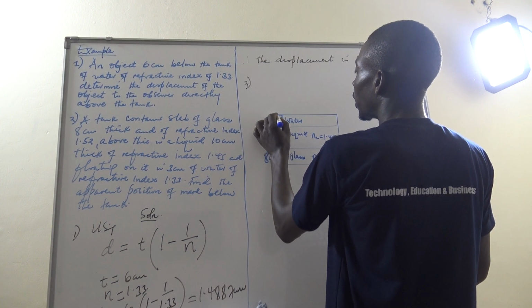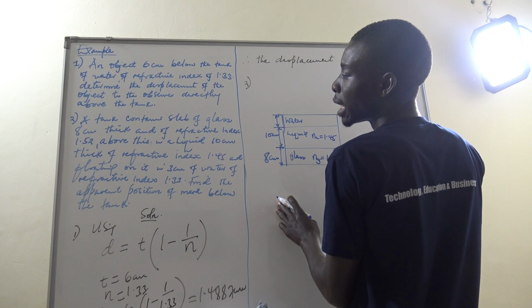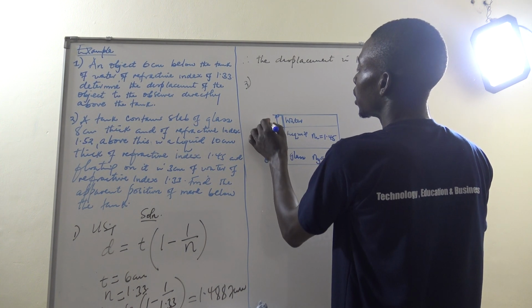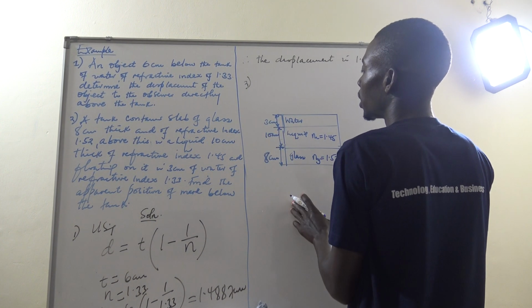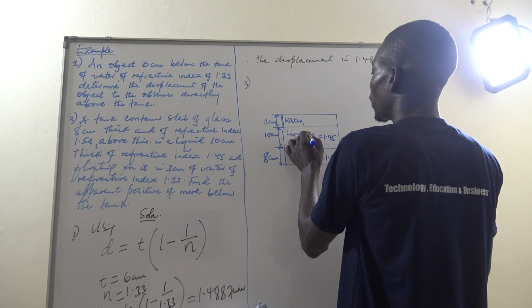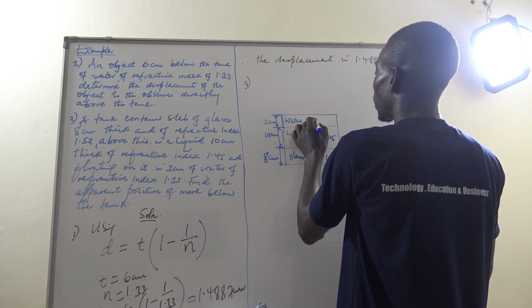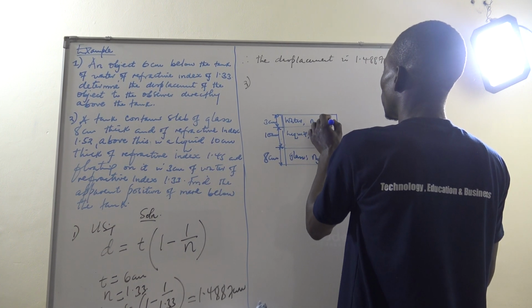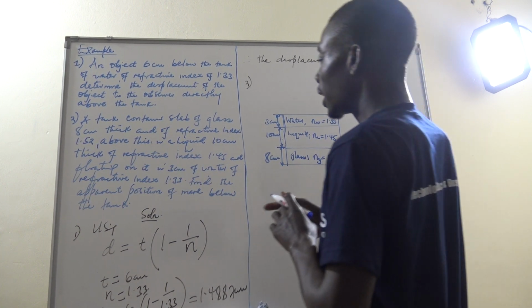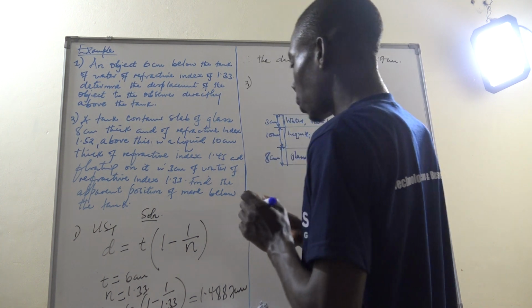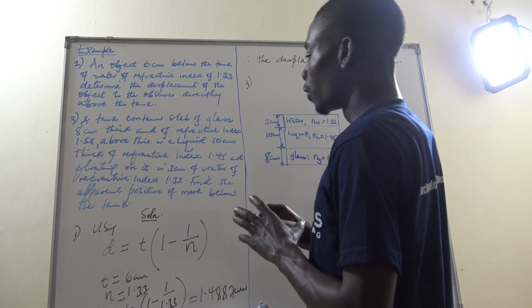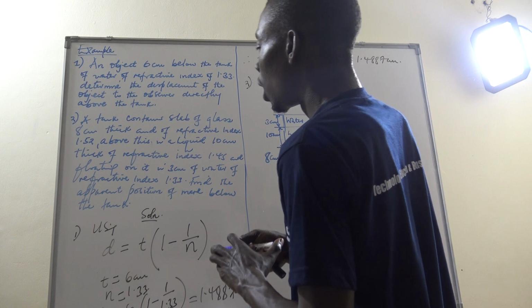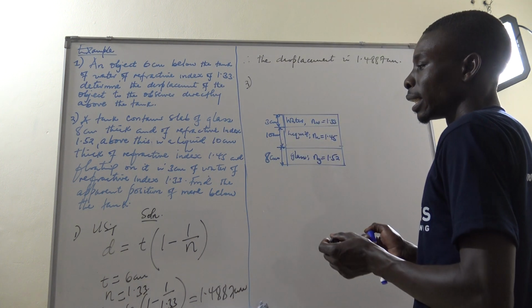Thickness has been given as 3 centimeters, and the refractive index of water has been given as 1.33.